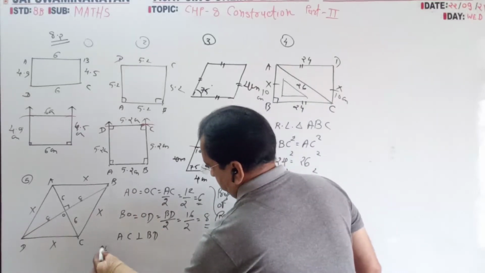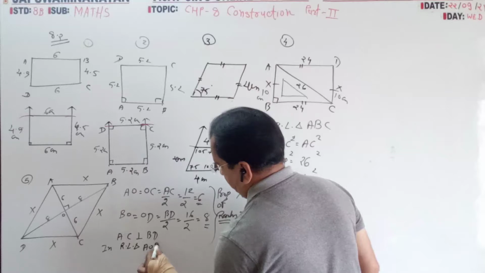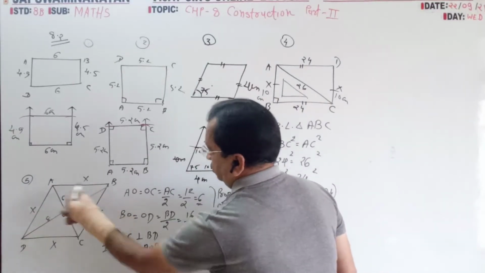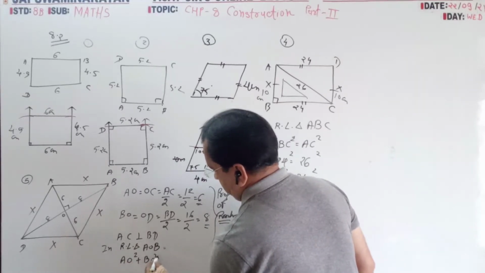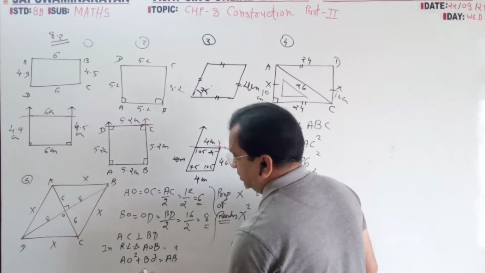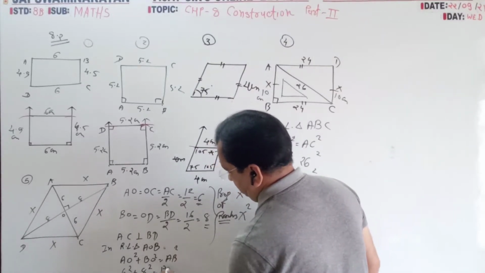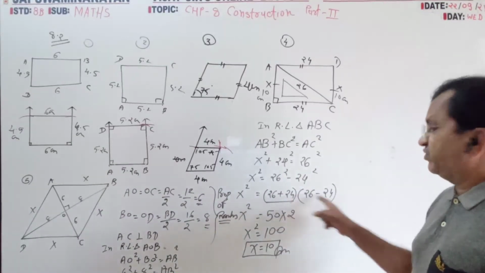Okay. So in right angle triangle AOB, AO square plus BO square is equal to AB square. So 6 square plus 8 square. This formula you can't apply here, because this is for a square minus b square.